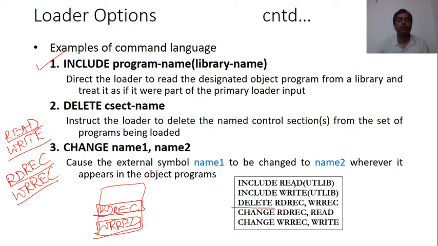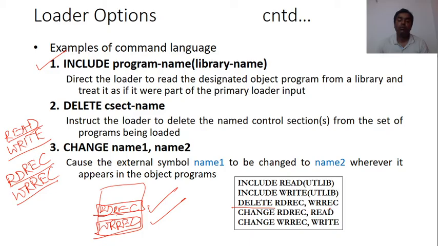First you include read from utility library, include write from utility library, then delete rdrec and wrrec from the program, because this program is given as input to the loader for loading. Just delete these from the program given to the loader for loading into main memory. That means these tasks are done at the time of loading.